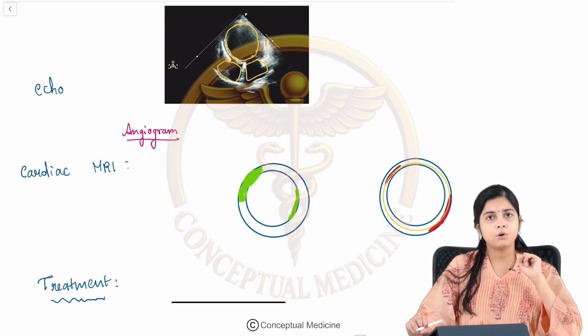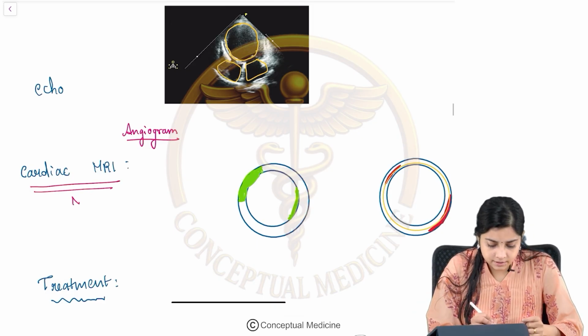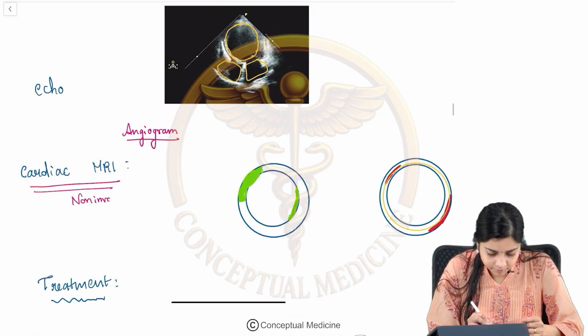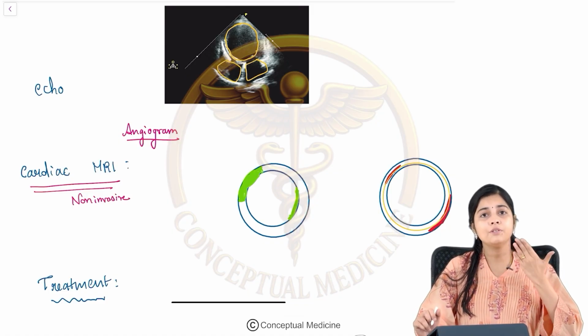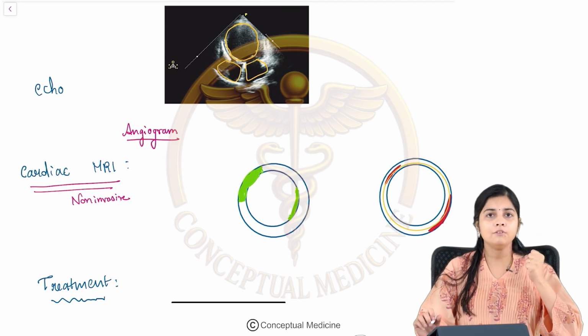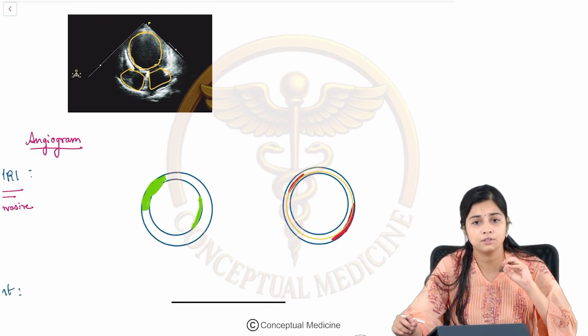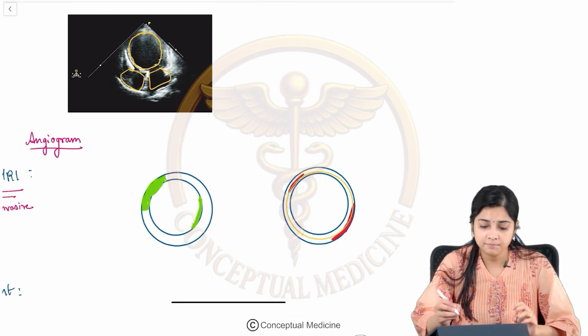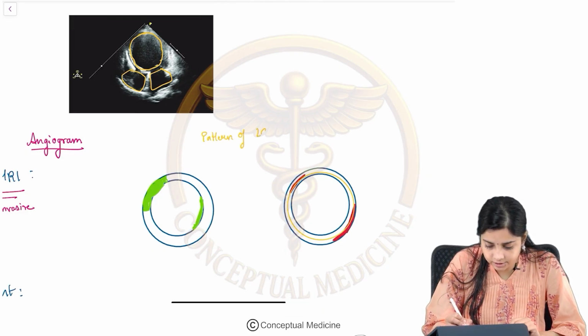So nowadays what is in vogue is the use of a cardiac MRI. This is a non-invasive method which is used to find out the etiology of DCM. Now how do we use the cardiac MRI to find out the etiology of DCM? This depends upon the pattern of LGE.